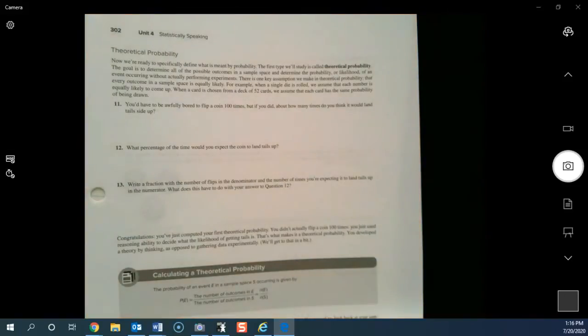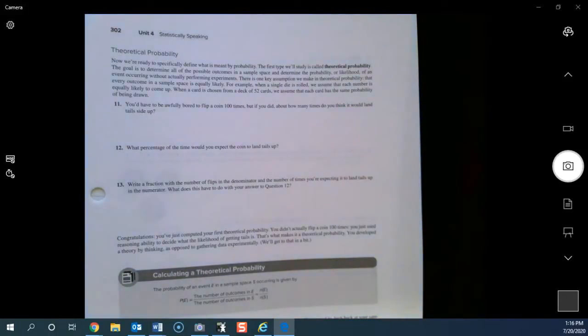Now we have theoretical probability. Now we're ready to specifically define what is meant by probability. The first type we'll study is called theoretical probability. The goal is to determine all of the possible outcomes in a sample space and determine a probability or a likelihood of an event occurring without actually performing experiments.